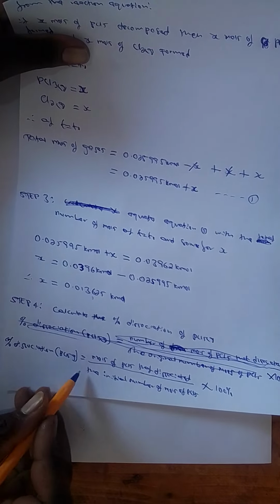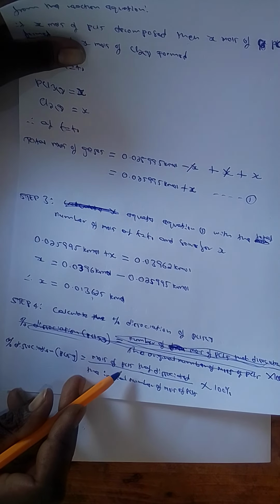If we're going to rewrite that here, remember the percentage dissociation is the number of moles of PCl5 that dissociated, and this is actually the number.